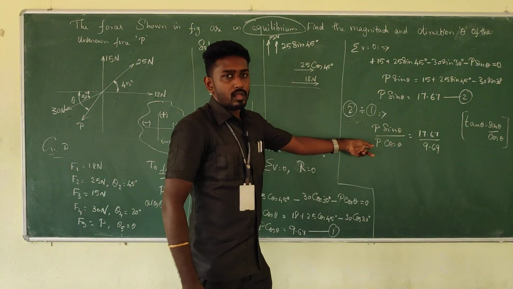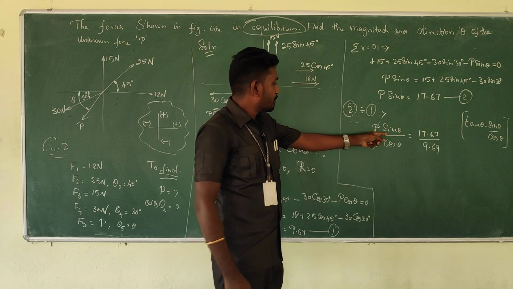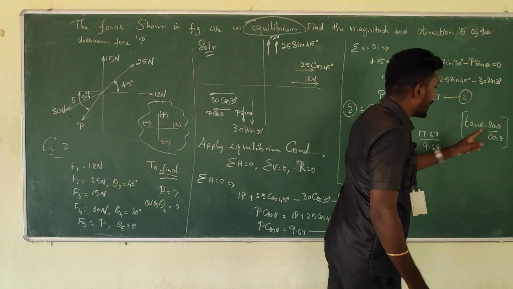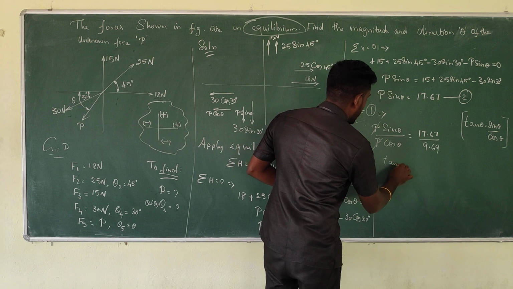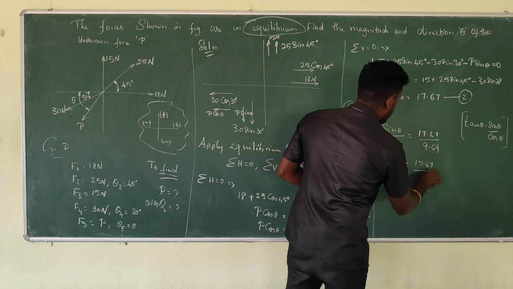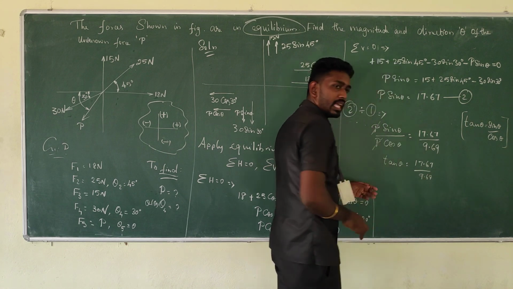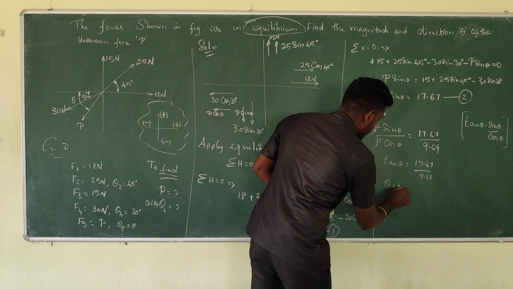Here P and P get cancelled. We know sine by cos is nothing but tan theta. So take this as tan theta, 17.67 divided by 9.69.